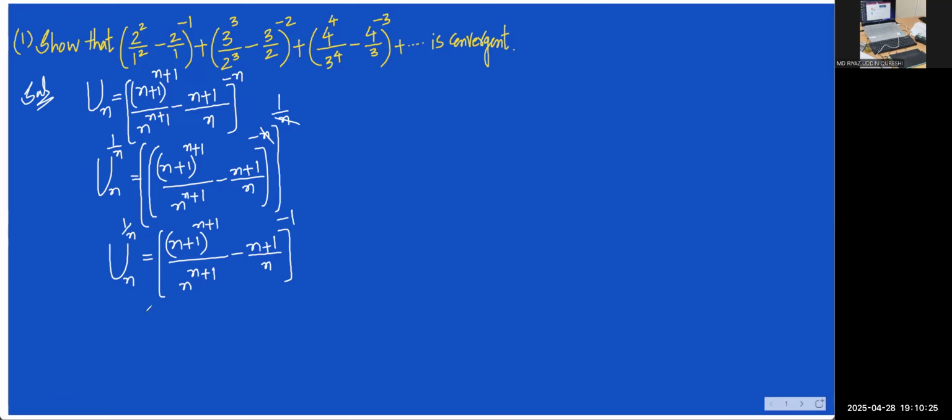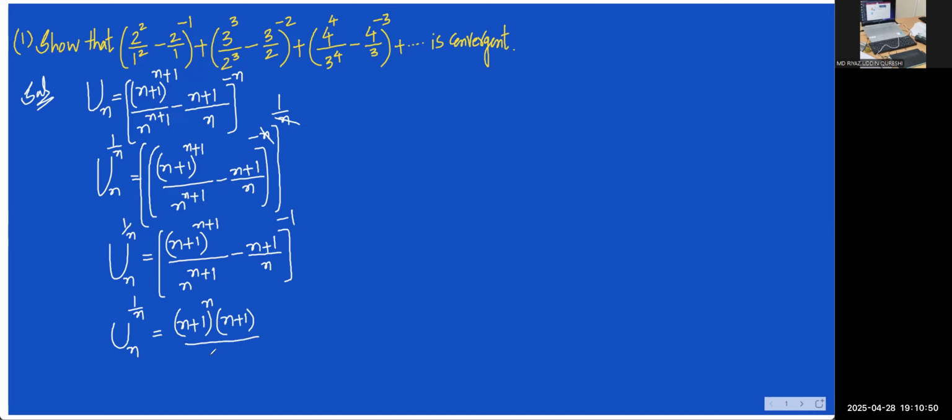Now look at, from these two, I want to take something common. To get that term, look at this step, it is important. Un to the power of 1 by n is equal to, I'm splitting these two like that. n plus 1 whole to the power of n is one term, and one more term is n plus 1 whole to the power of 1, which we need not write actually.